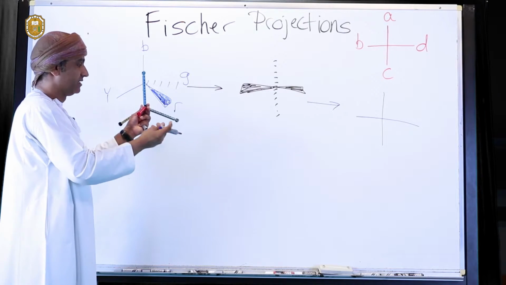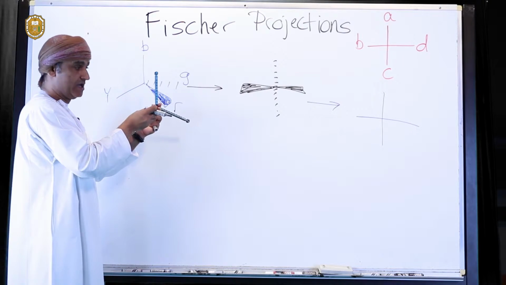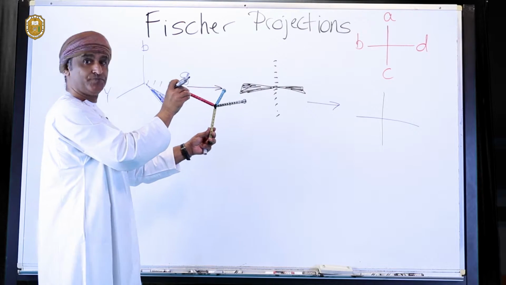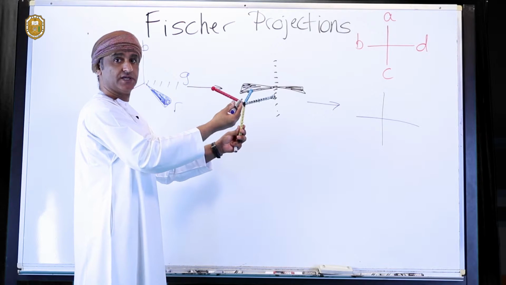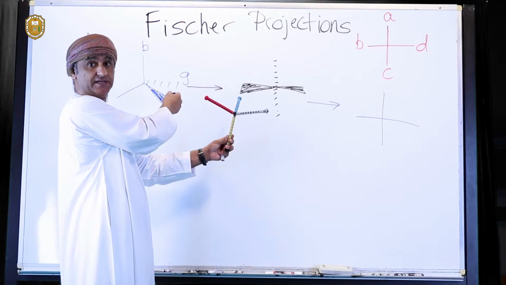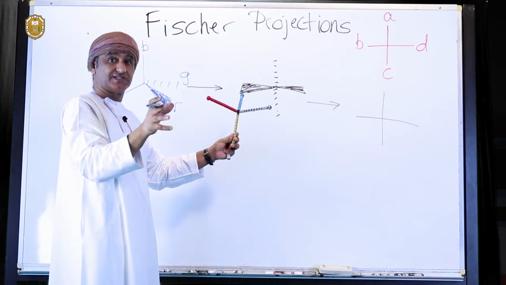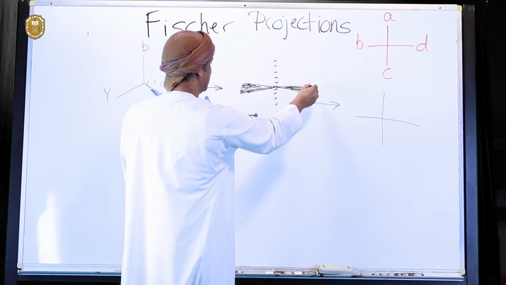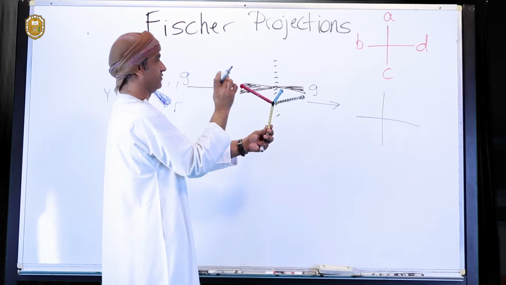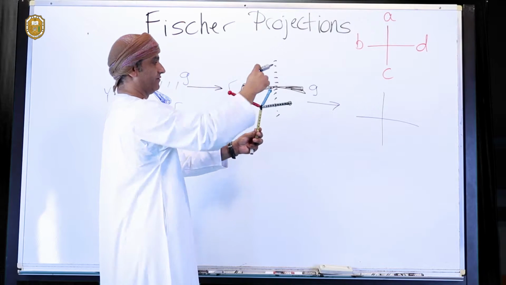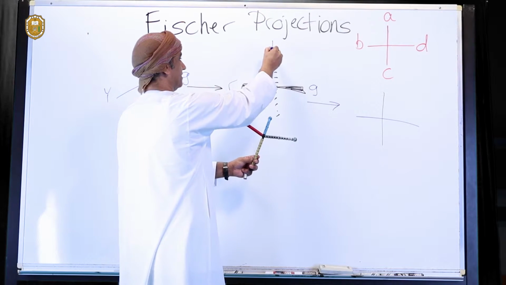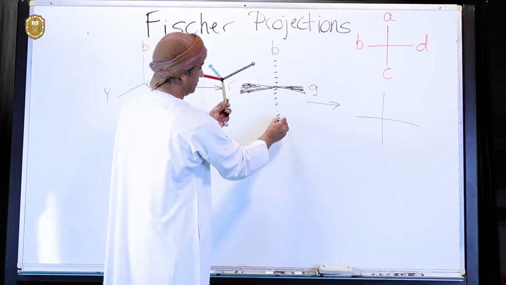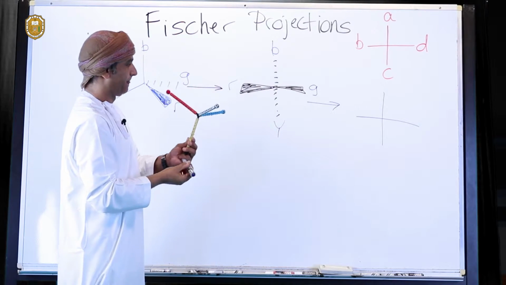From here, we rotate the model like this, and these two bonds, which were outside the plane, now point towards us, so they should be represented by heavy wedged lines. So G here, and of course red, that's R. And this one is B for blue, and this is Y for yellow.